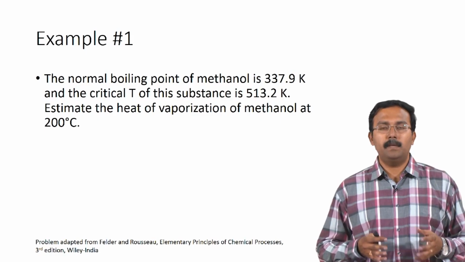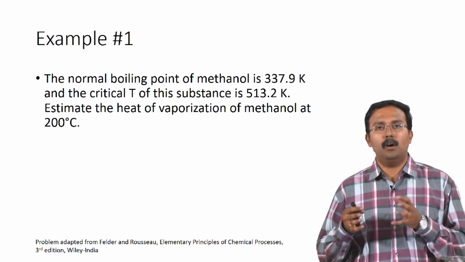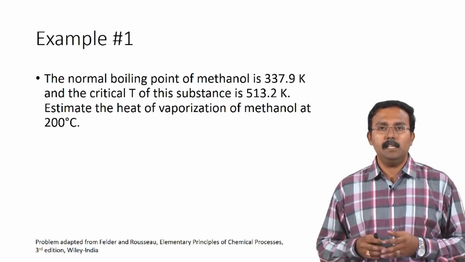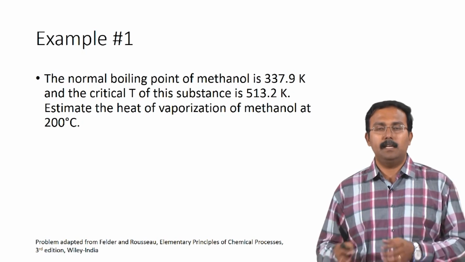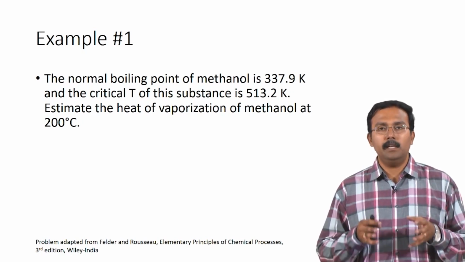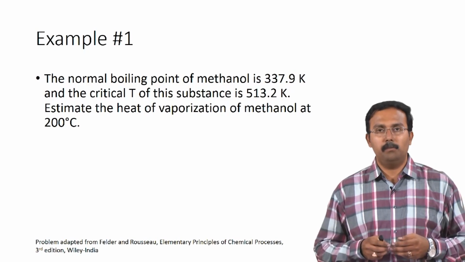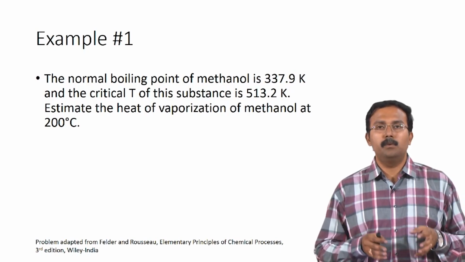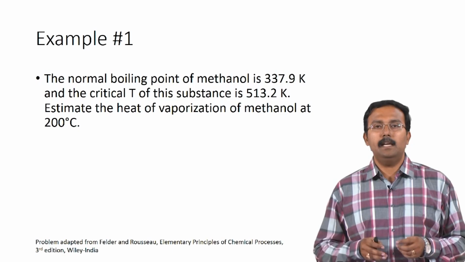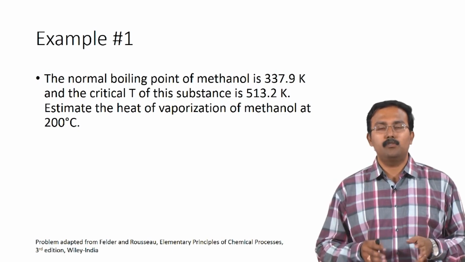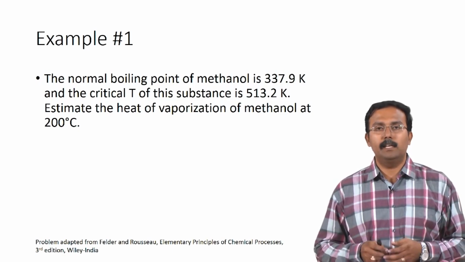So this can be obtained either using Trouton's rule or Chen's equation. For Chen's equation we need critical temperature and critical pressure. However, critical pressure has not been given to us in this problem. So using Trouton's rule would be the simplest thing to do to get the heat of vaporization, although it is not the most accurate way to get the value.